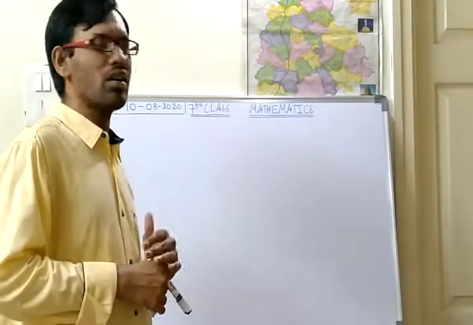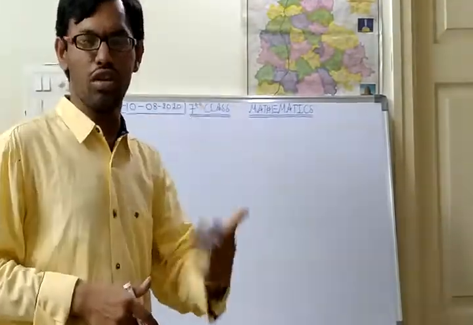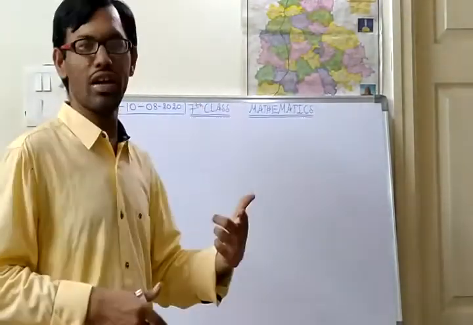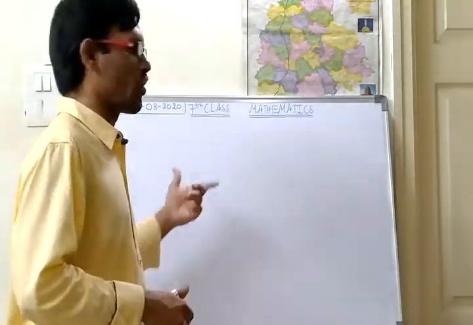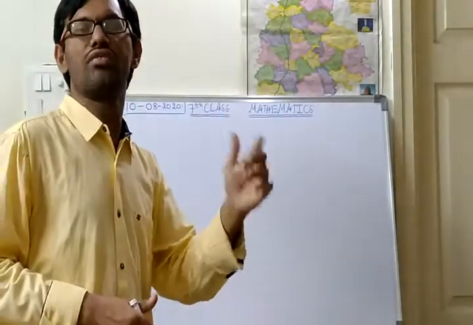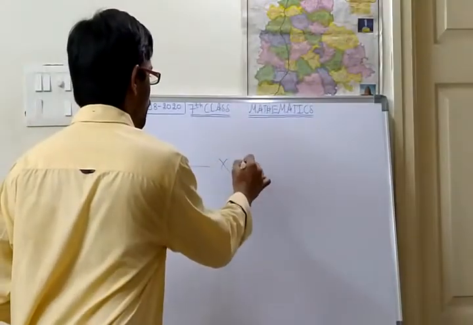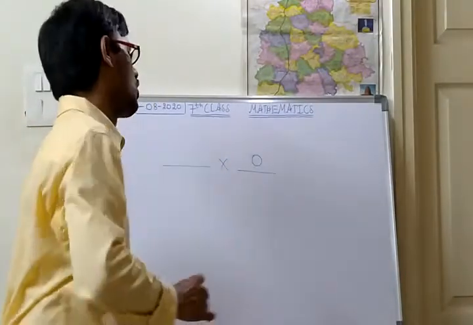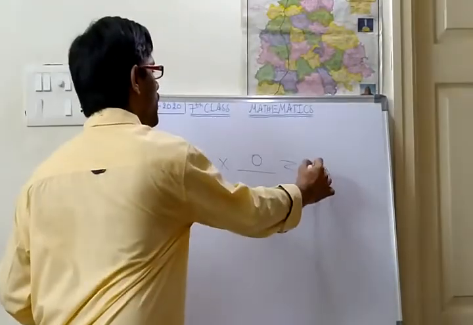One more thing, zero identity. Suppose you are doing a product of any integer with zero. What should the result be?